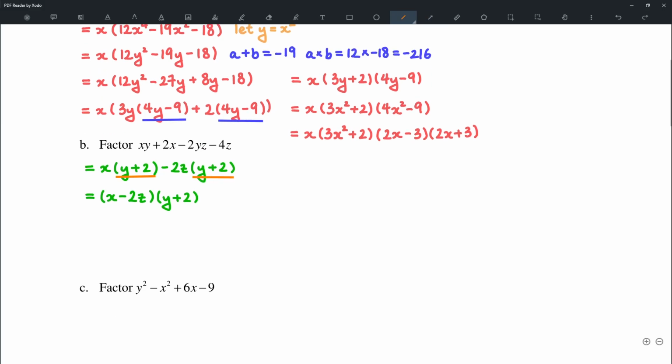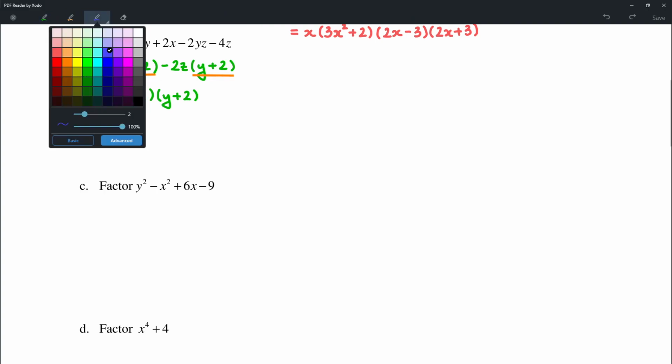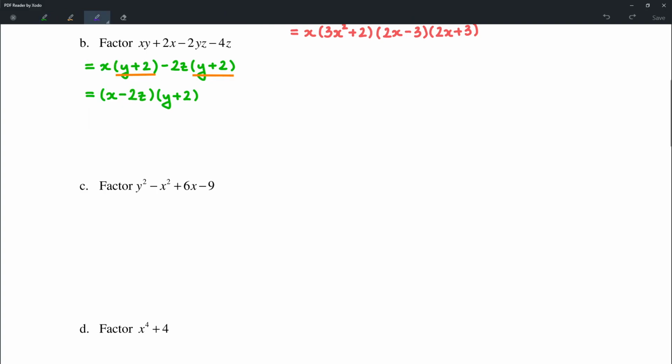All right. Next one, we have example C. So this one, again, a little bit different. Now what we're going to do is consider the last three terms a little bit separately from the first one.